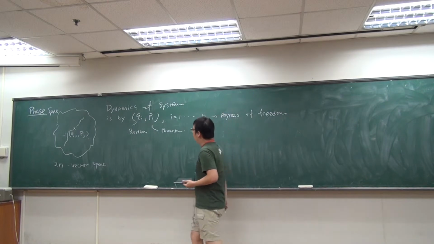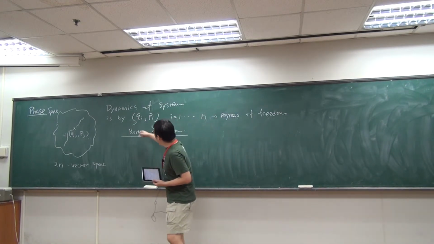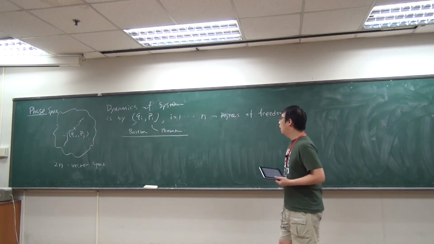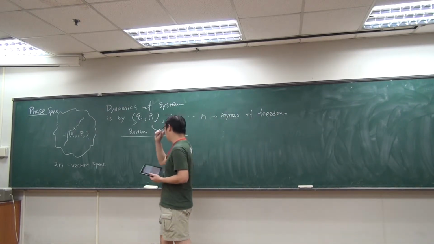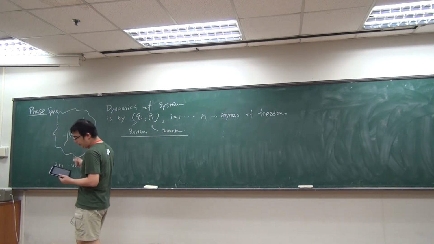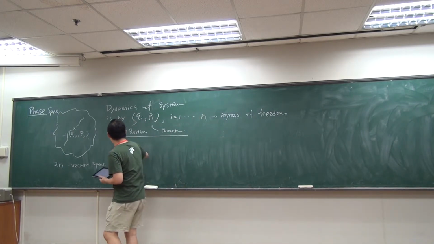So we can actually express, in these first two lectures, I'll use Q and P to denote the position and momentum of various kinds of particles we are studying. However, we can also describe various other kinds of dynamical variables.